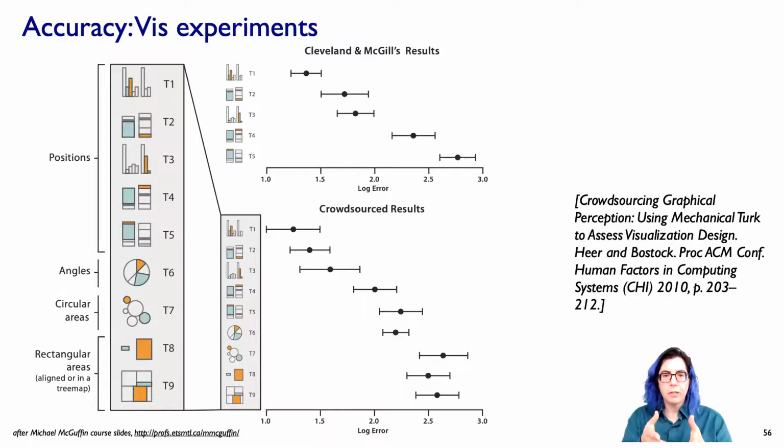What's being shown here is their original results of errors, and then a crowdsourced replication using Mechanical Turk in 2010 from Heer and Bostock, and they aligned quite well. The key thing to notice is, again, spatial position is at the top, and then things like angles and areas are beneath that. So our ability to perceive accurately depends on the channel.